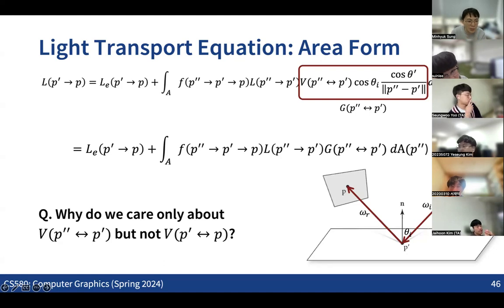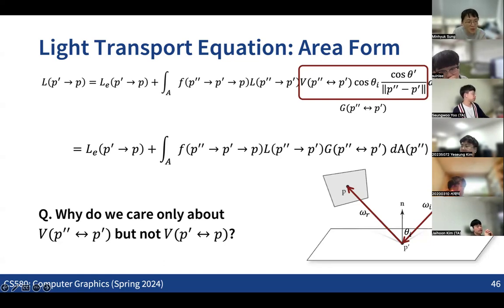Which means that in this kind of ray tracing computation, P prime was basically the first intersection point from P along this direction. That is the reason why we are calculating reflection at P prime. So if P prime was not visible from P, then we don't need to compute the reflection at P prime.